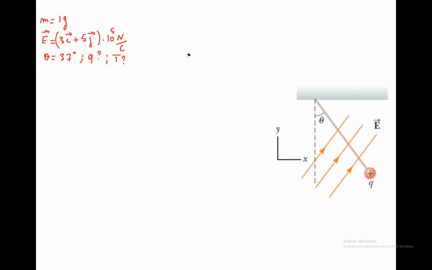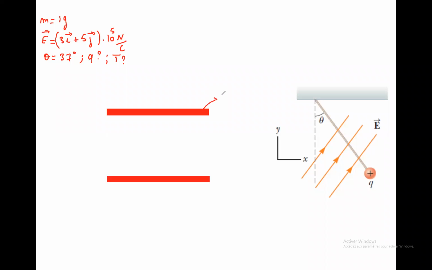First of all, I want to explain when you have a constant, uniform field. Only in one case, when you have positive and negative charged plates.